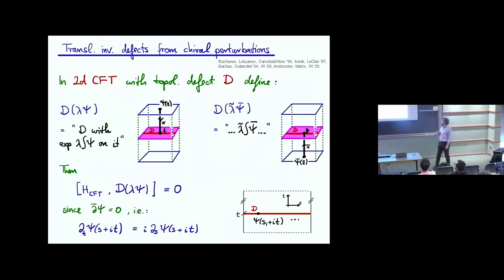Okay. So let's try and find an example. That comes back to what you said. In 2D CFT, we don't perturb the conformal field theory yet. That comes later. But inside conformal field theory, we want to construct examples of these translation invariant defects. So here's a mechanism to do this. You pick a topological defect, and you ask, does this topological defect support a chiral, purely holomorphic defect field?